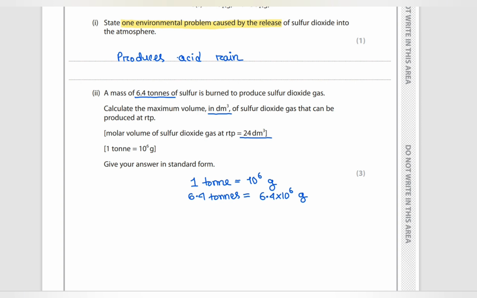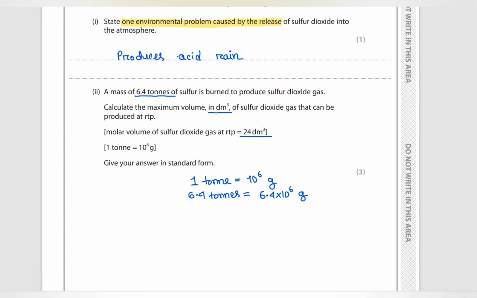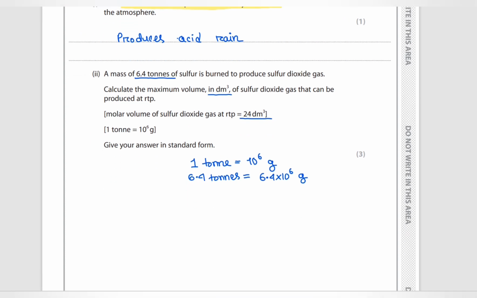And in order to find the moles, we now need to find the Mr. Sorry, not Mr exactly. Sulfur is always S2? Let me look at the equation. No, it's single S. So now we need to find the number of moles.